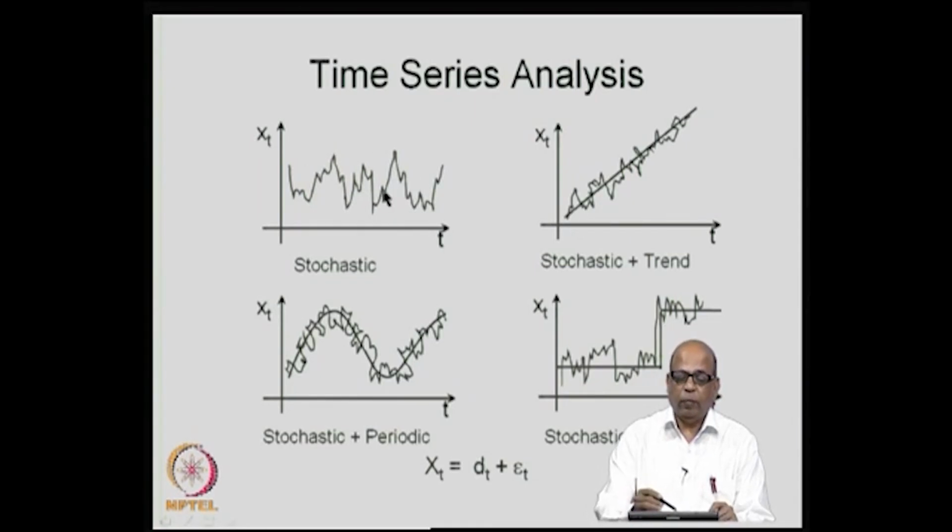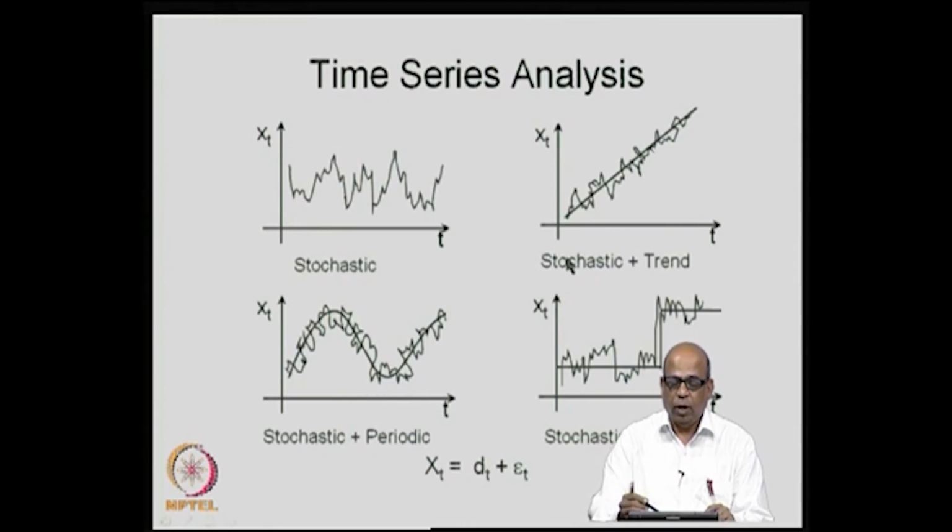For example, very short duration rainfalls, let us say you are taking half an hour rainfall, 30-minute rainfall and so on, and plot it for a long period of time. Simply collect at a particular location half an hour rainfall and then plot it against time. That may show such a feature that it does not have any deterministic component at all.